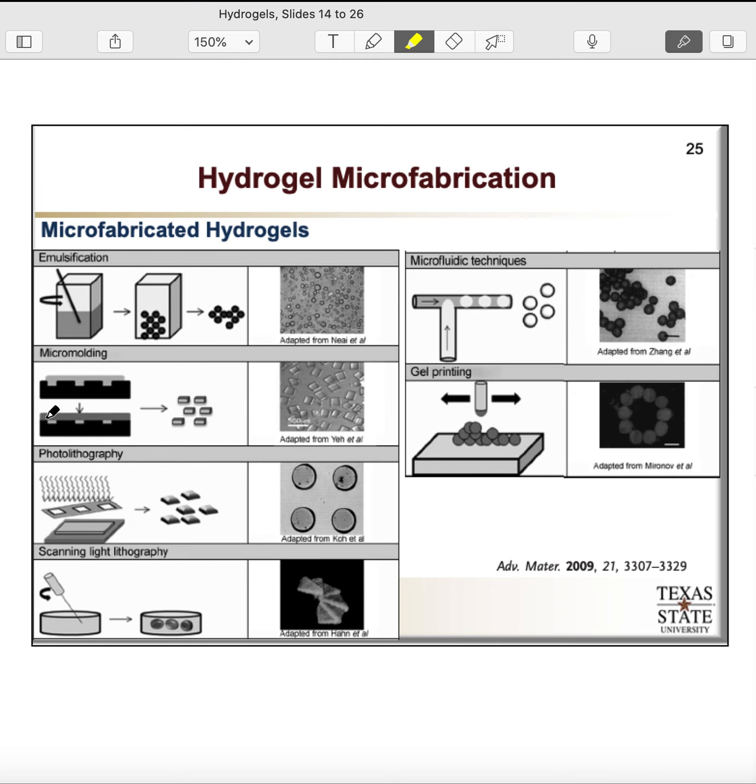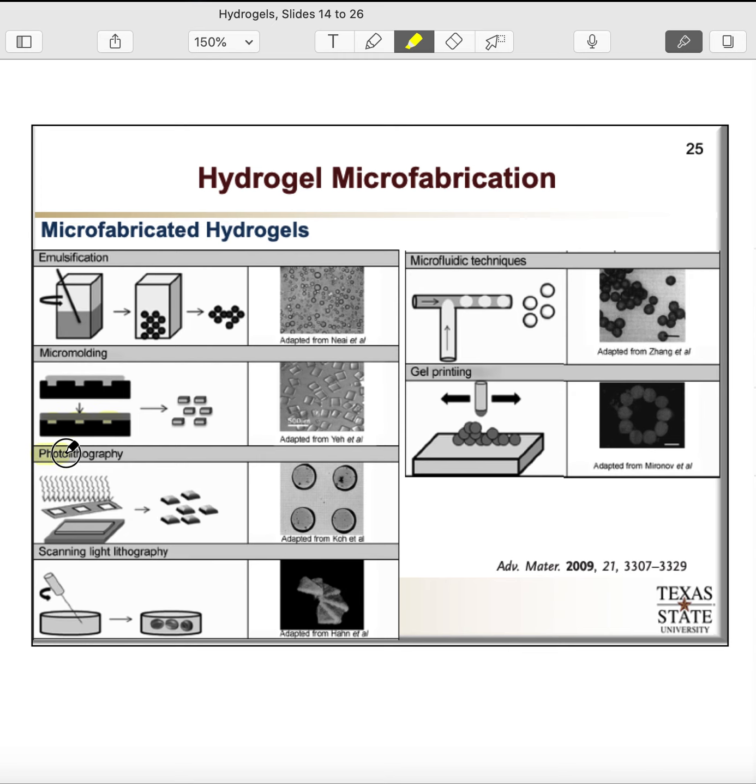We then utilize another solid surface to basically stamp on top or to mold the pre-polymer solution, such that the prepolymer is now only within the cavities formed between the two surfaces. We then allow the polymer to set, either polymerize or form the secondary interactions. And then once we open the mold, we would end up with the individual hydrogels at the microscopic scale.